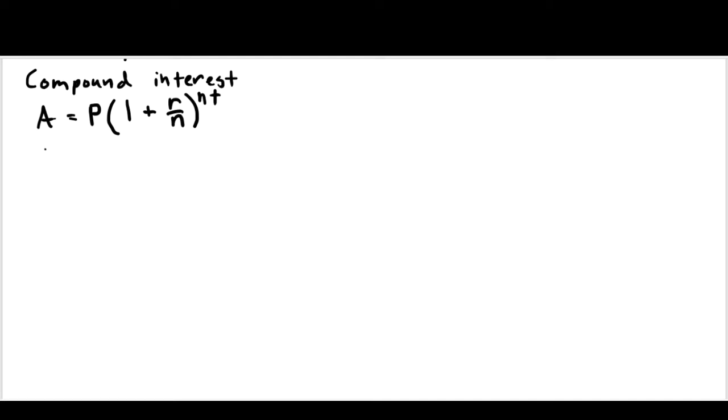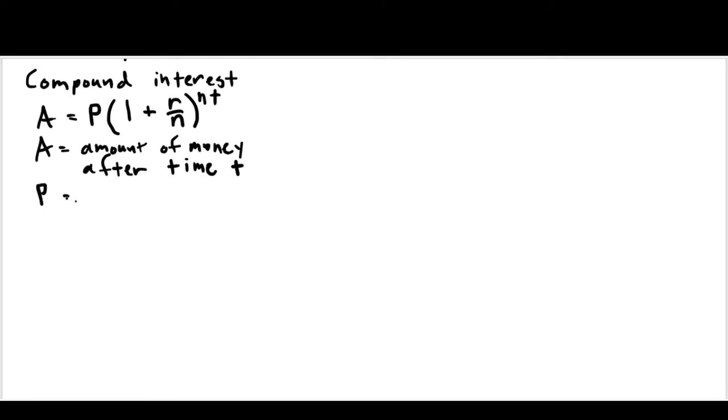So A is the amount of money after time t. Okay, where t is typically expressed in years, right? After t years.